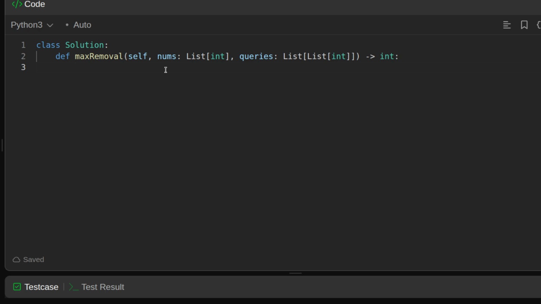So one change that I will be making is replacing nums by passengers and vehicles by queries.